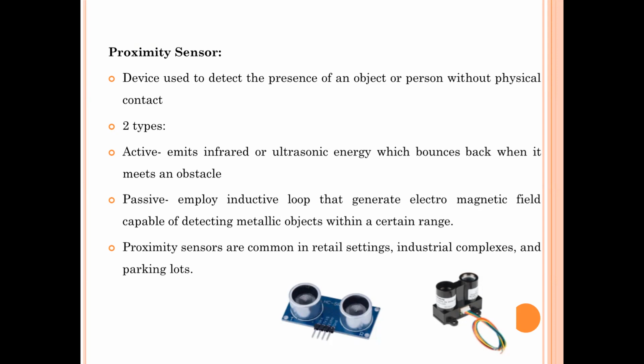Whereas if we use an inductive loop that generates an electromagnetic field, which is capable of detecting obstacles within a particular range, we call that a passive proximity sensor. You can look at the diagram for some examples of proximity sensors.